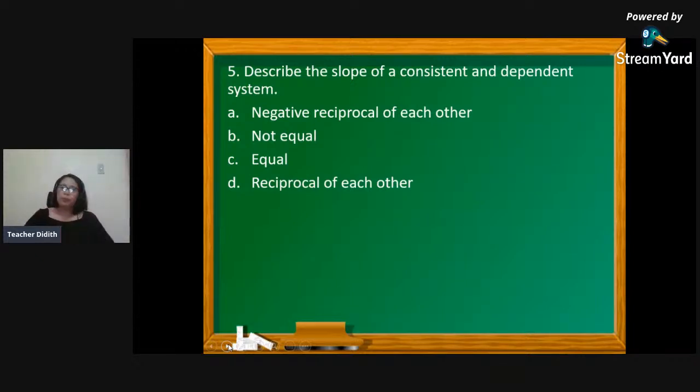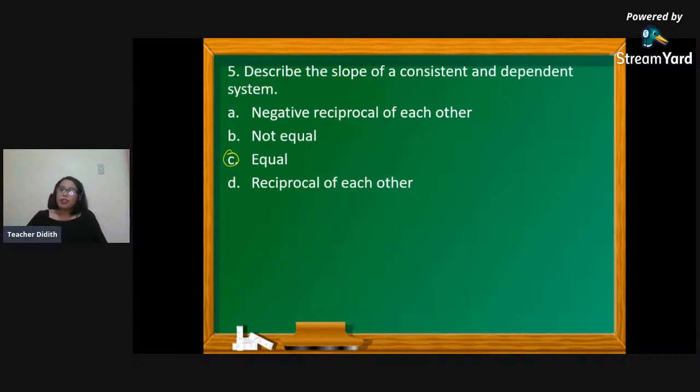The slopes are not equal. The slopes are equal. And letter D, reciprocal of each other. Okay, it seems that you have reviewed already and you got all the correct answers. And it's C. You're all right. Tama.